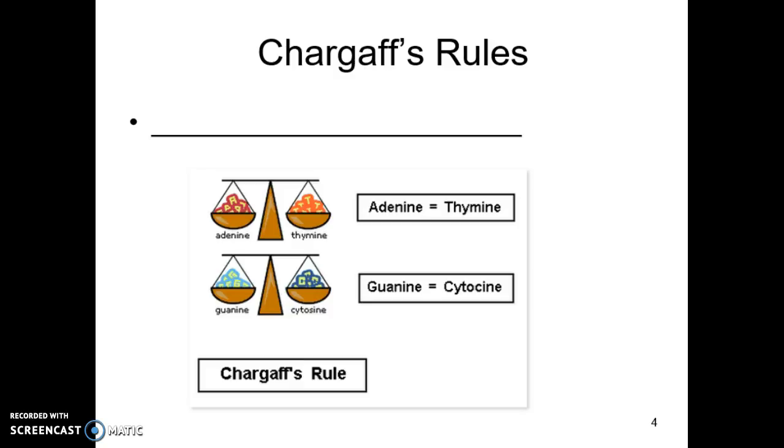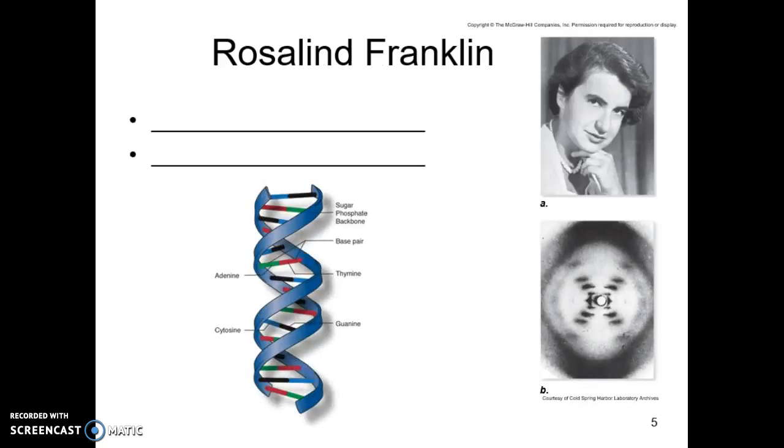About a decade later, in the early 1950s, a young woman named Rosalind Franklin was working on the DNA structure. Her claim to fame, what she should get credit for, is she took the first X-ray of DNA in the early 1950s. Now, in today's world, an X-ray is no big deal, but this is in the 1950s.